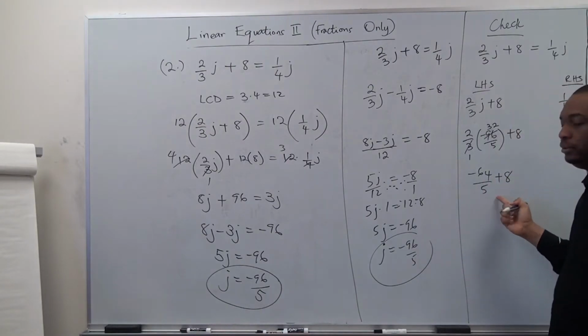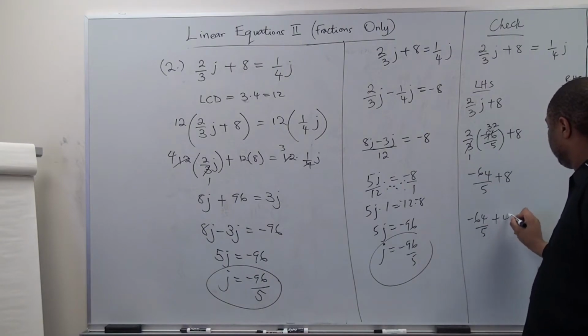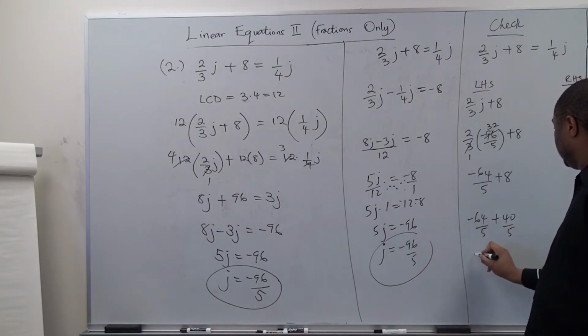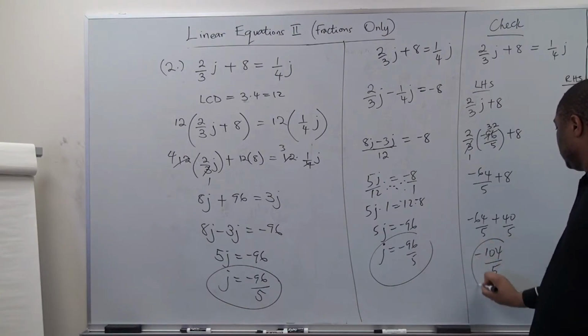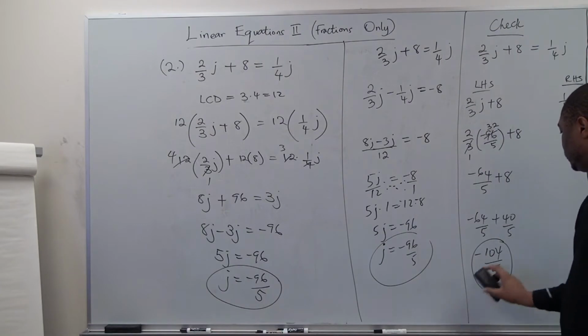Of course, if you do this fraction, negative 64 over 5 plus 40 over 5. Some people will ask me, how did I do this? If you don't know, 8 times 5 is 40. So I wanted to make sure that they have the same denominator. This is negative 64 plus 40.